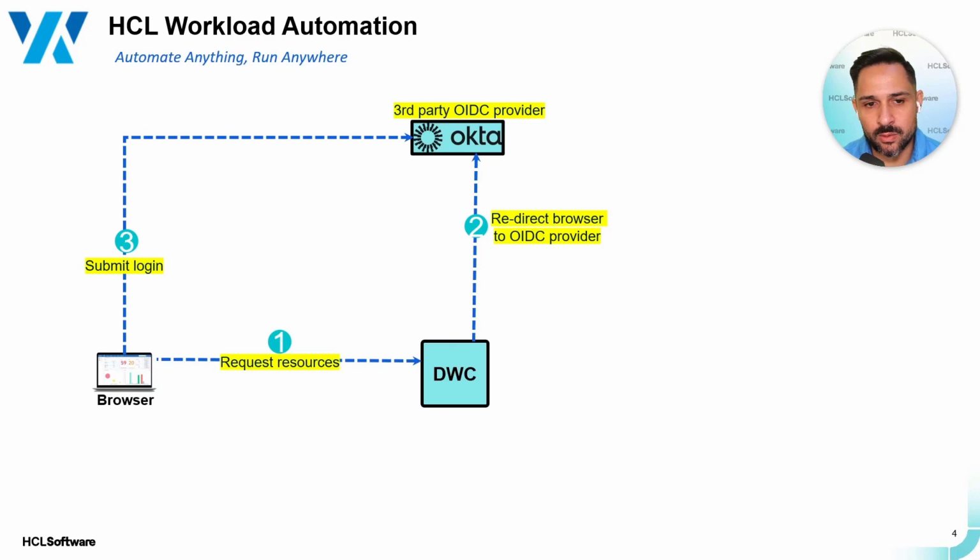Okta will be the one to request the login page to the browser. Once the user properly enters username, password, multi-factor authentication, and so on, Okta will give us the green light, will authenticate and return the token back to us. With that, our web UI is able to construct our JWT, the token.